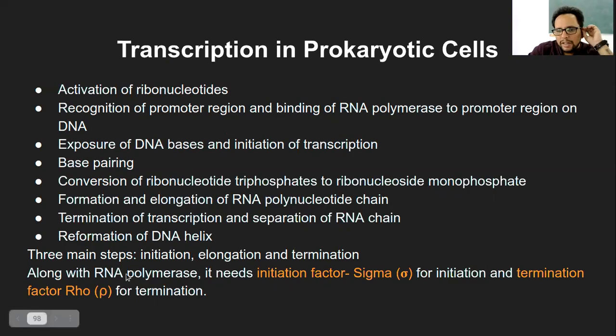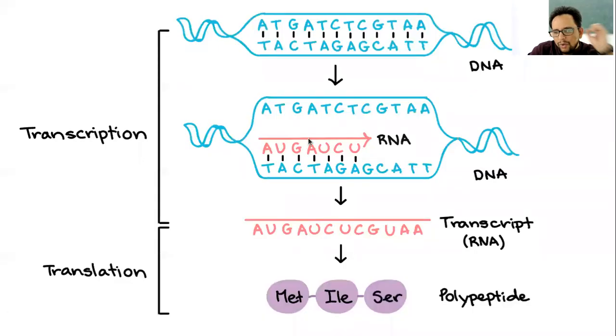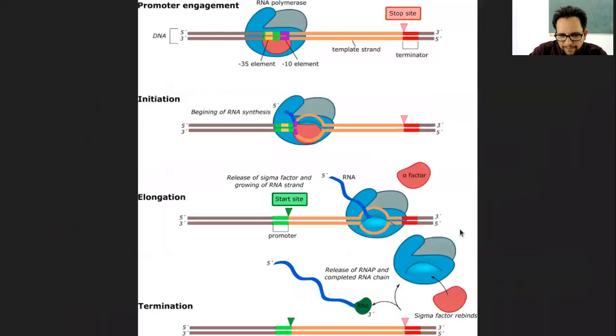This terminator sequence, which is present at the end of the RNA that has been formed, will be recognized by the transcription assembly. The assembly will fall off, and the RNA molecule will separate from the DNA molecule. This is specifically called the DNA-RNA complex of the transcription. So the RNA will separate, and then it will come out as an RNA transcript.